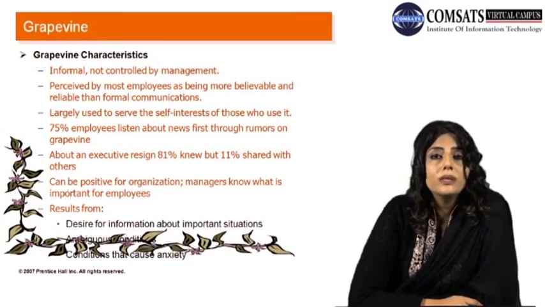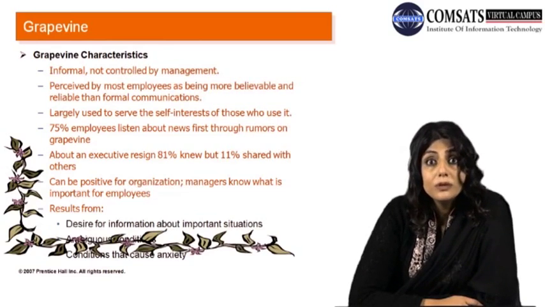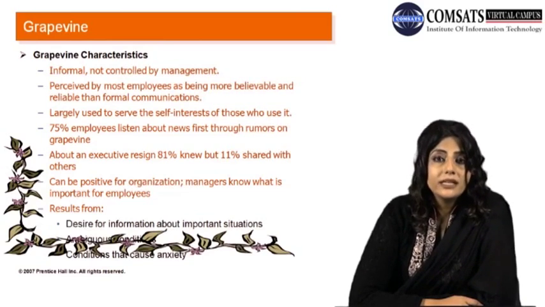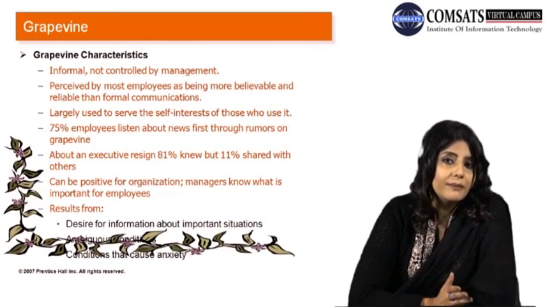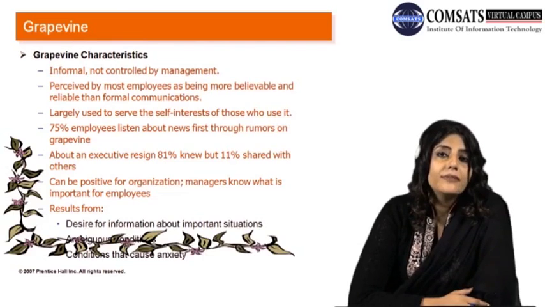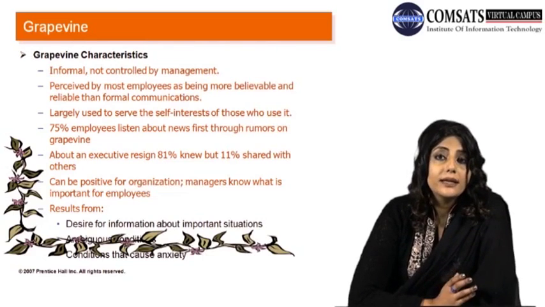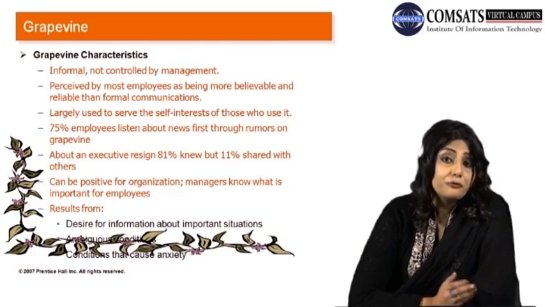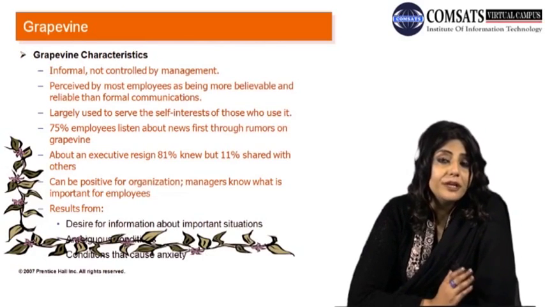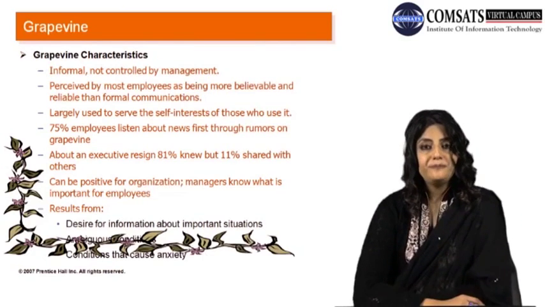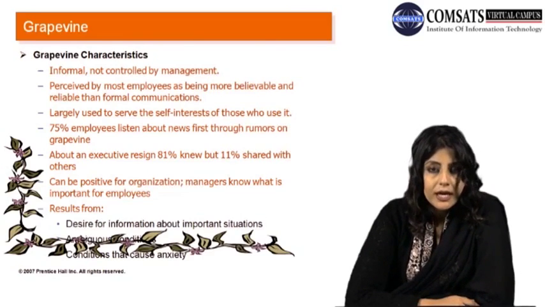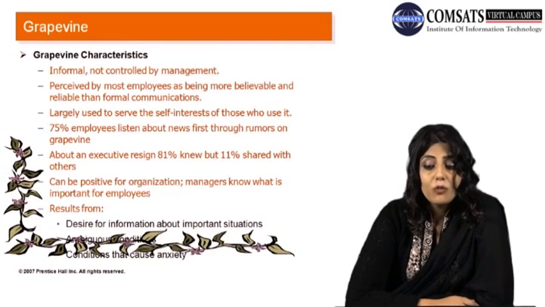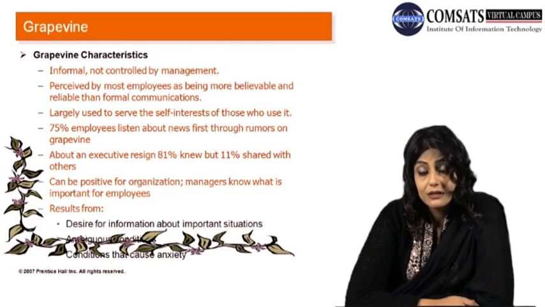When they start talking with each other, there are certain rumors about certain happenings in the organization at a higher level, or with the managers, that are not being communicated by the managers to the employees, and through certain rumors they get to know what is happening first, before that has actually been communicated by the organization. So it is informal, it is not controlled by the management.